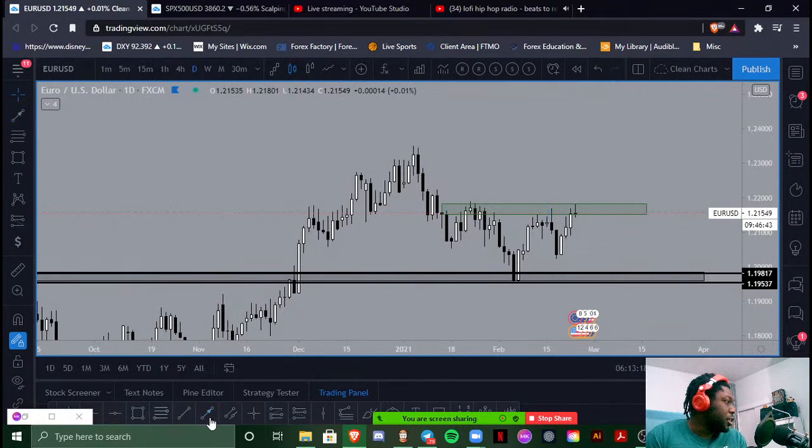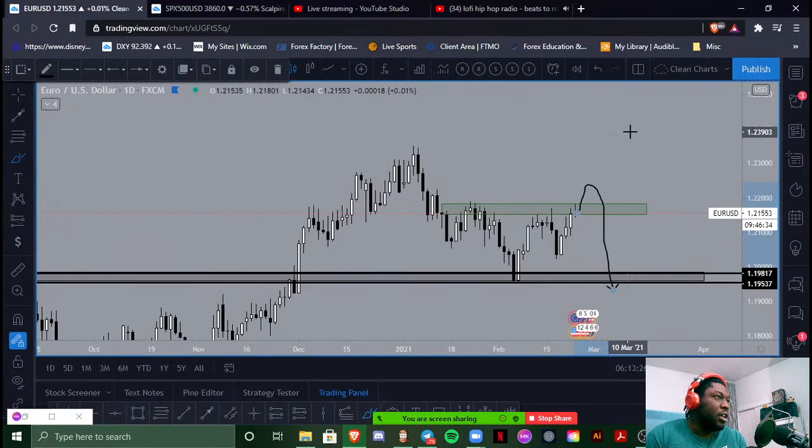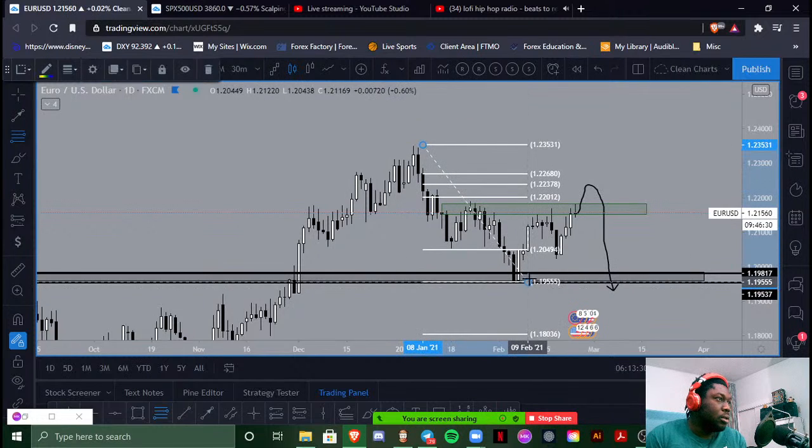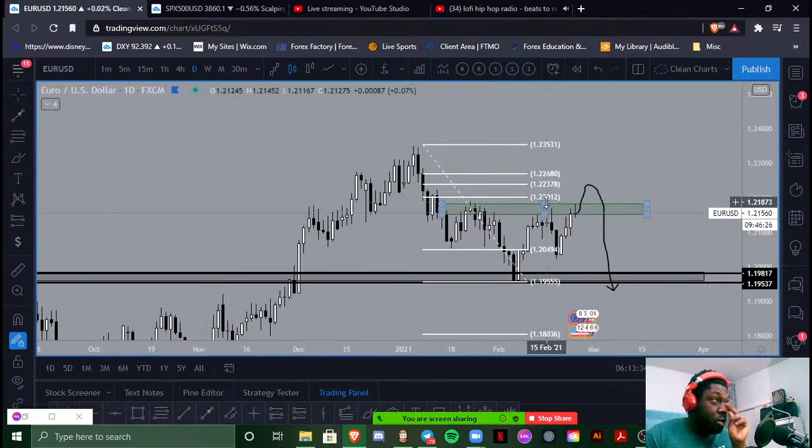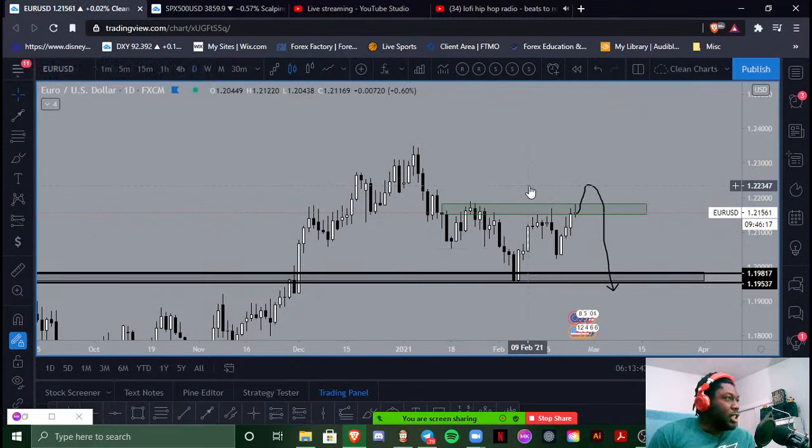But what I more see that could happen before it possibly drops is for price to push up, grab some liquidity, and then drop down. And even if we use a daily fib from this high to this low, we can see price coming to the selling range, like 1.22378. But now, the thing that I have a struggle with Euro USD for me trying to sell it, and it's good.